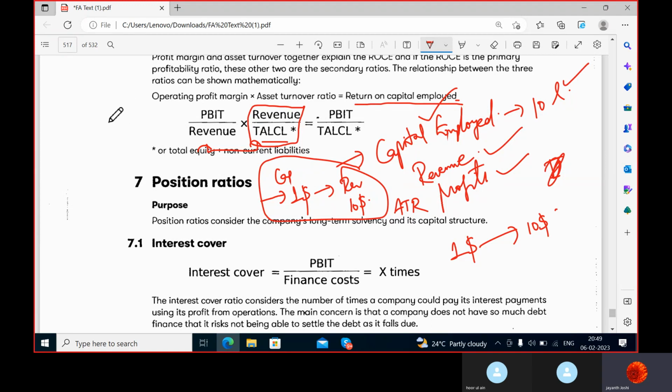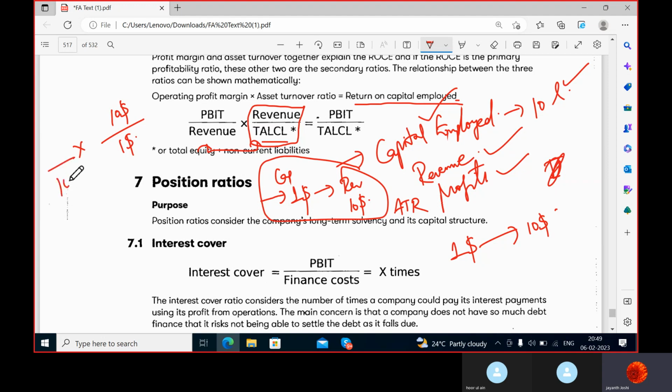So revenue is how much? $10. And the capital employed is $1.